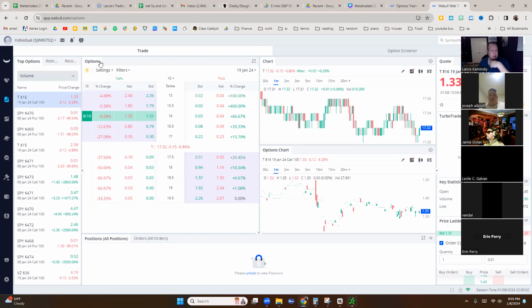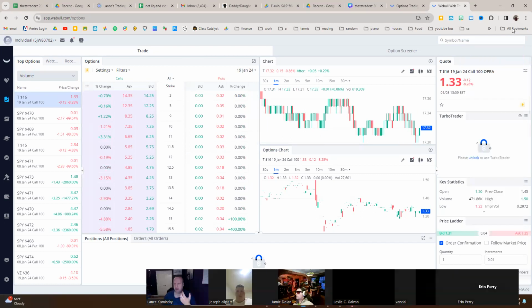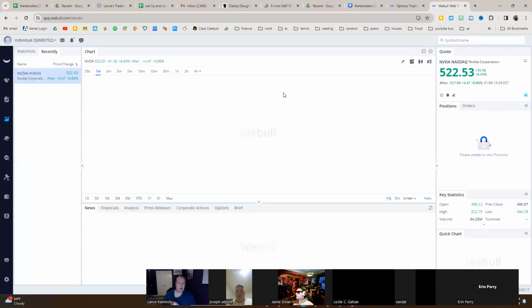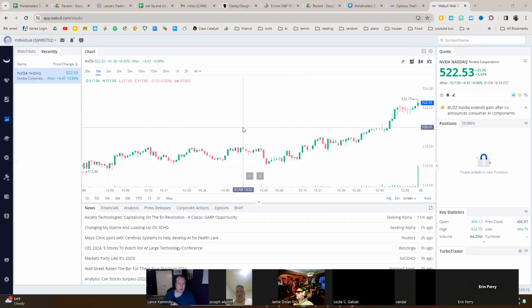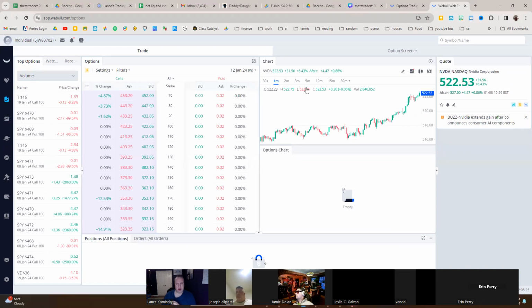If you could find a way to put in NVIDIA here, you can see the different strike prices come up. Oh, I'm on like AT&T or something here. Yeah, we could do it here. NVIDIA. Options trader. All right, here we go.